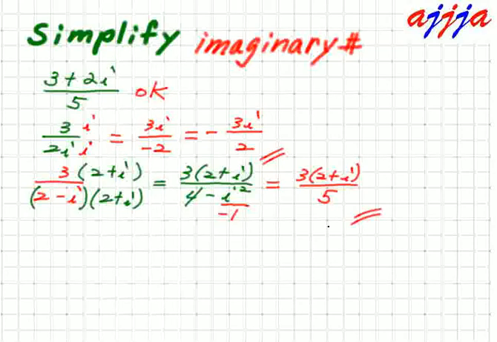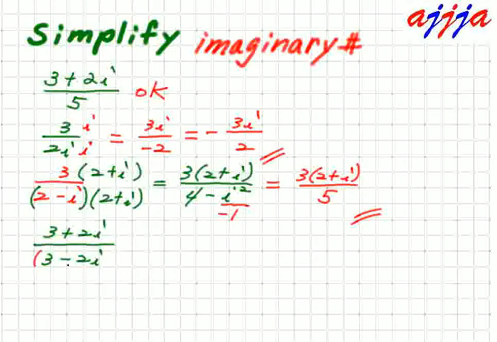The top is okay, but the bottom has to be clean. So, one more try then. How about this? What about this? The bottom is ugly. We're going to simplify this one, right? So multiply by what? That's right, the conjugate, top and bottom.